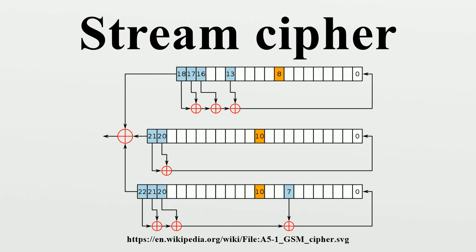Self-synchronizing stream ciphers. Another approach uses several of the previous n ciphertext digits to compute the keystream. Such schemes are known as self-synchronizing stream ciphers, asynchronous stream ciphers, or ciphertext autokey.